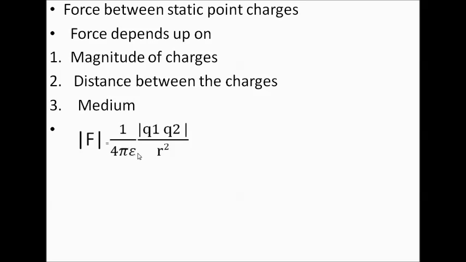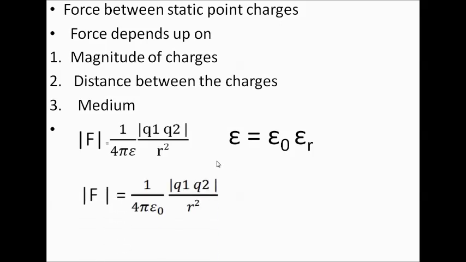Epsilon is the electric permittivity of a medium, which we can calculate using epsilon 0 epsilon r, where epsilon 0 is the electric permittivity of free space or vacuum. Epsilon r is the relative permittivity of the medium, and if the charges are present in air, we can write epsilon 0 instead of epsilon, because for air the value of epsilon r is approximately equal to 1.